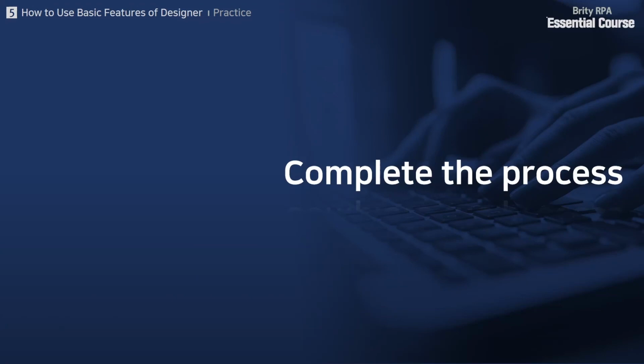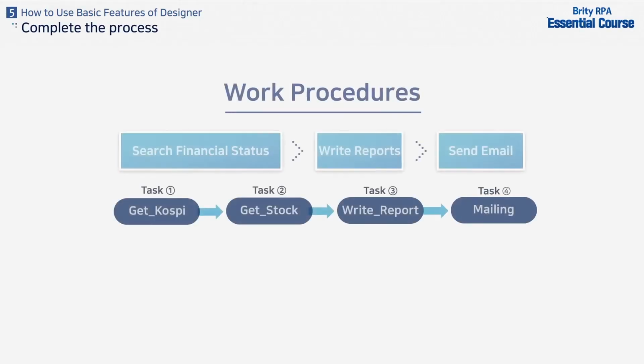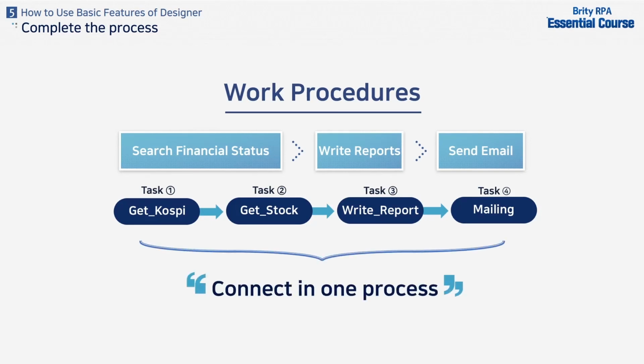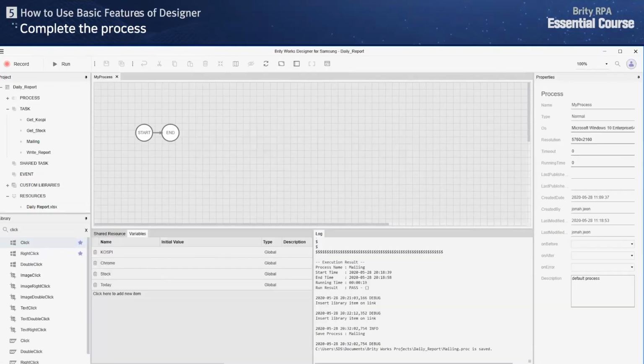This is the last practice. So far, we have automated all of the procedures of daily financial status reporting. Let's connect the completed tasks and run them as a single process. First, in the new process, connect the previously created tasks in order between the start and end nodes.